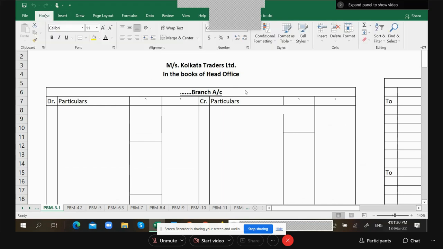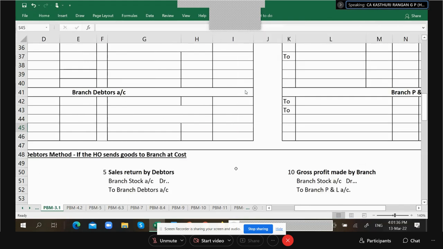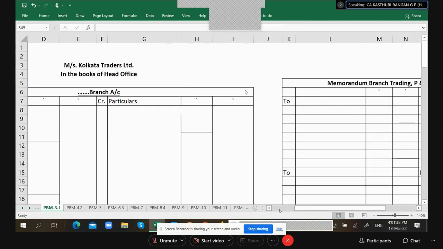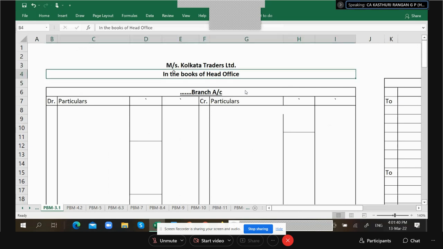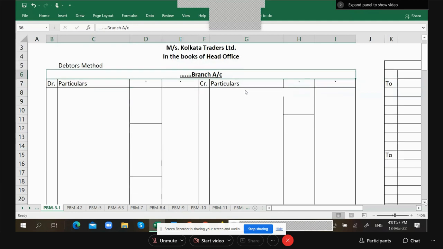First, we are going to prepare the branch account under the debtors method. Okay, debtors method. So under the debtors method, what are we supposed to do, friends?